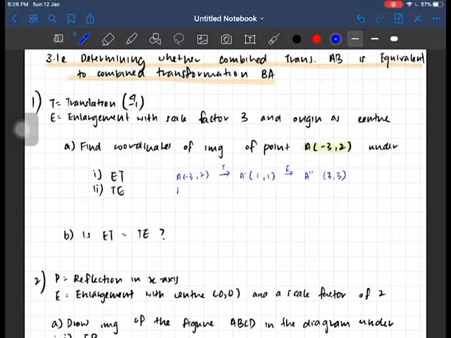Next, TE. And our next image would be -9 and 6. And then we'll undergo T to produce -5 and 5. So is ET equivalent to TE? Answer is no. ET is not equivalent to TE. Let's see the next case.